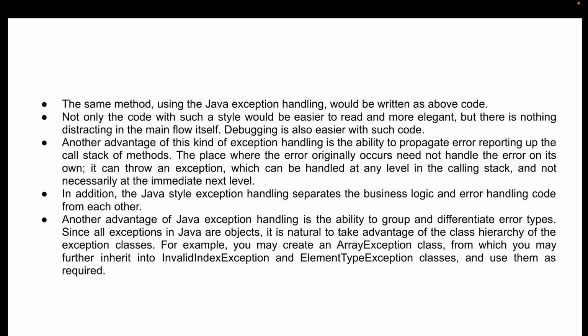Suppose you have module 1, module 2 and module 3. Module 3 is your database layer, module 2 is your service layer, and module 1 is your controller layer. So at the database layer there is some exception that occurred.